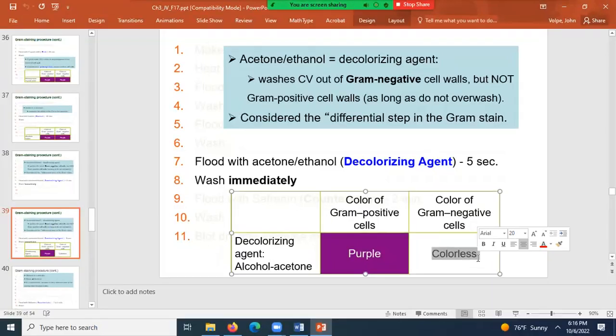Any question about that? The decolorizing agent is the differential step, allowing you to distinguish between the gram-positive cells and the gram-negative cells.